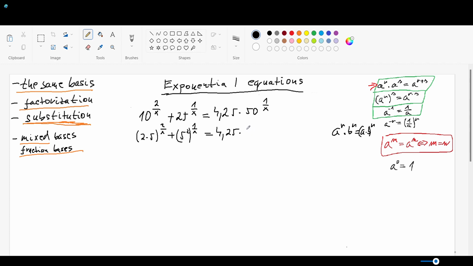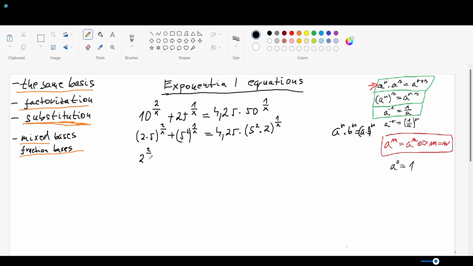And 50 can be written, as we want to use the primes, as 5 squared times 2 to the power of 1 over x, because 5 squared is 25 times 2 is 50, so we are fine now. Probably you can see what this equation is leading to, but let's go step by step.